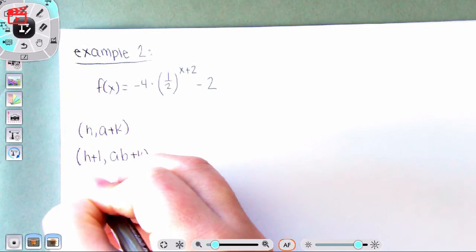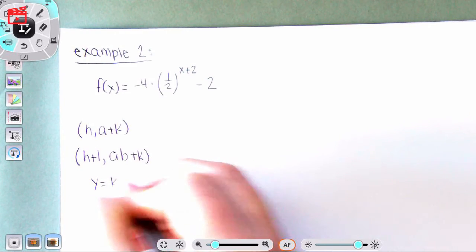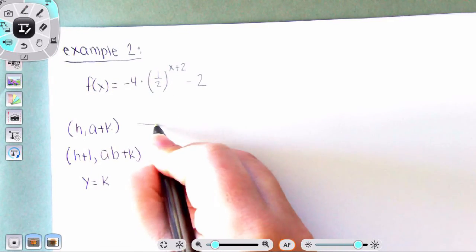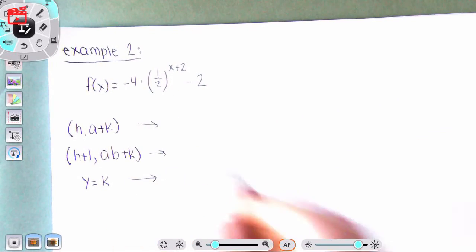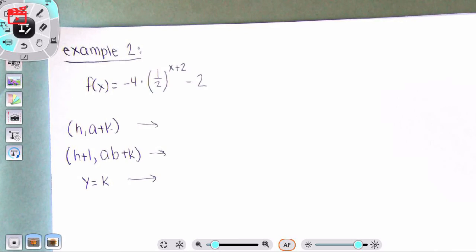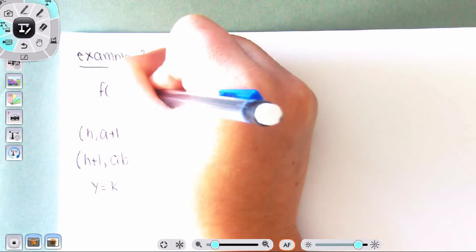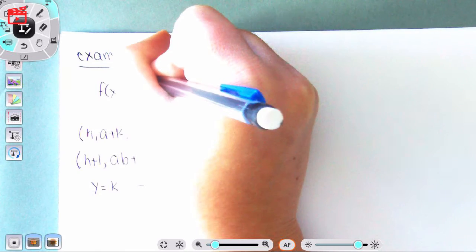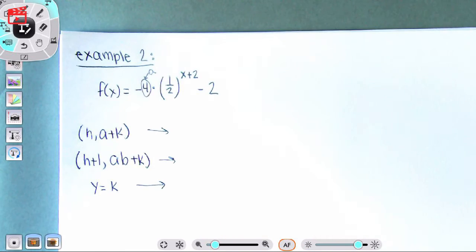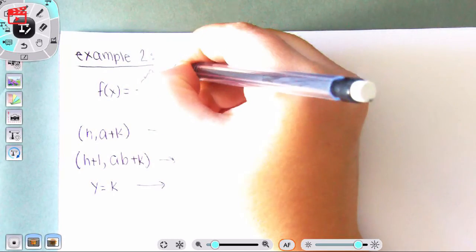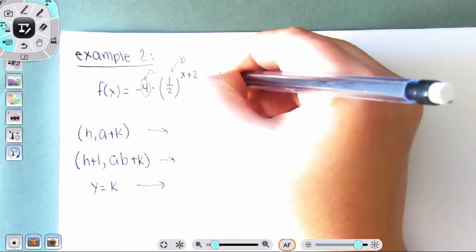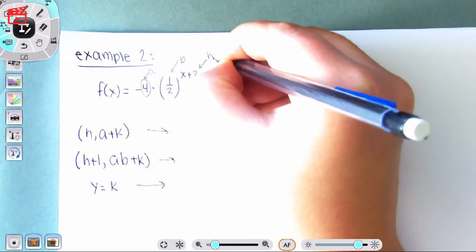We have our asymptote at y equals k. And we're going to identify all of our goodness up here. So we have a, we have our b, we have our h.